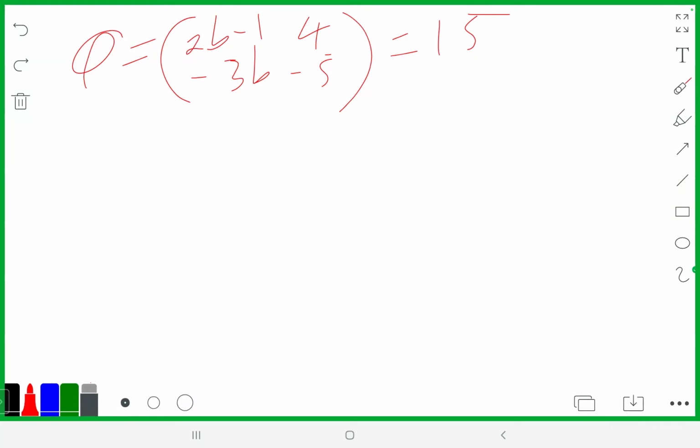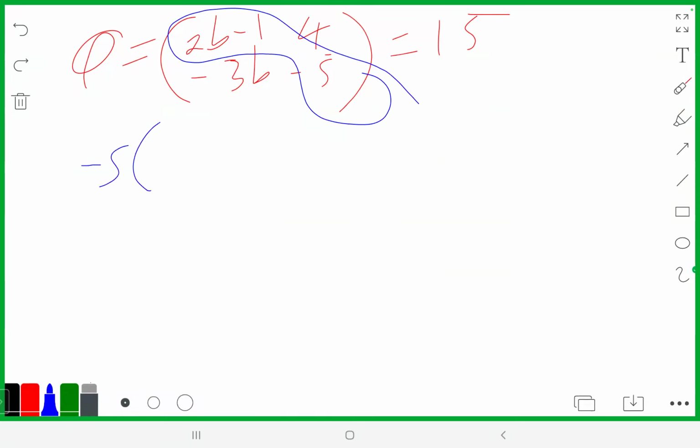How do you find the determinant? I said you multiply these numbers in the major diagonal. So you say negative 5 multiplied by 2b minus 1. Is that clear? Then minus 4 times negative 3b.